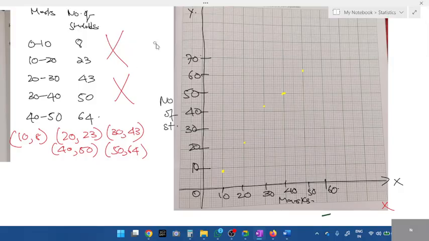This is your cumulative frequency graph. So the lowest value we have, lower limit, is 0. From there, try to connect the graph like this and write all the values.